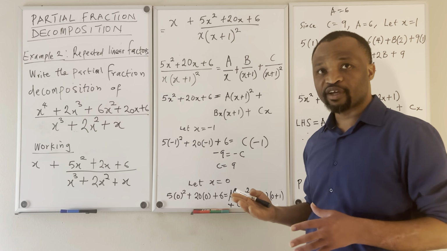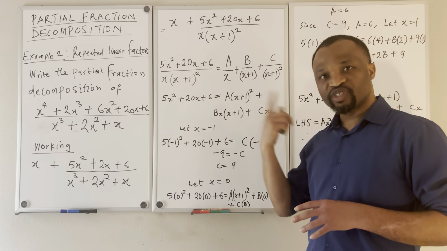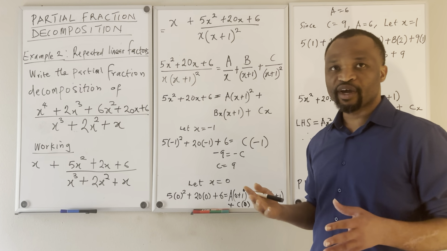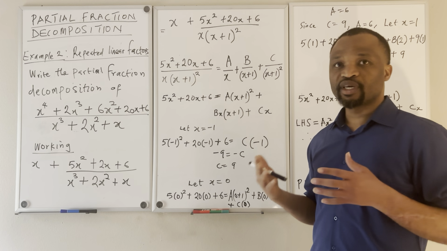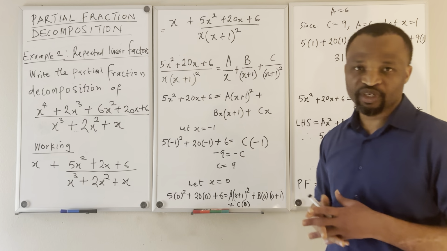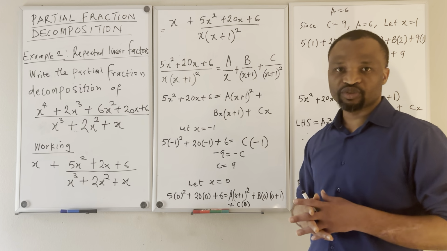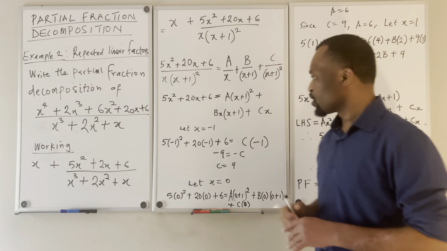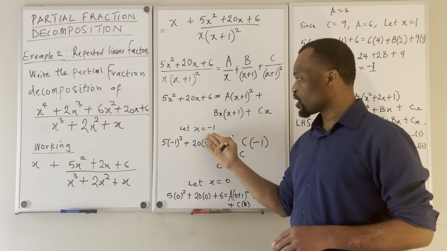So with this said, the next step will be, there are two ways we could do this. We could solve this by collecting like terms as we did in the first example, or we could go by using a method called eliminating the coefficients. So here we would use what is called eliminating the coefficient.